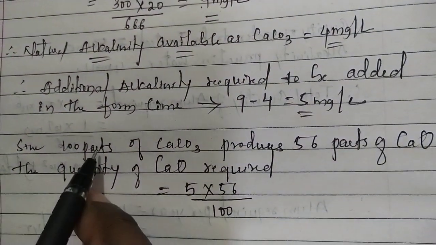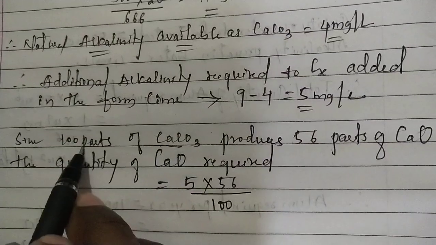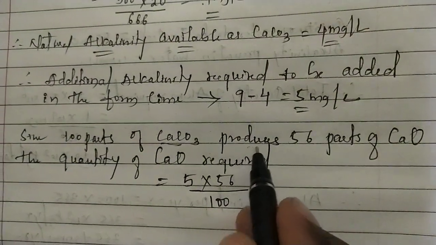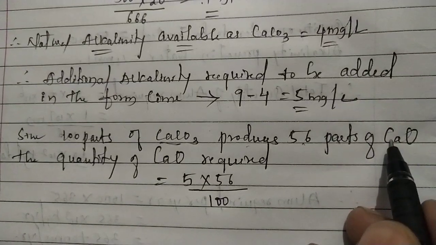So 100 parts of alkalinity, that is the molecular weight of calcium carbonate, is 100, and this corresponds to 56 parts of calcium oxide.